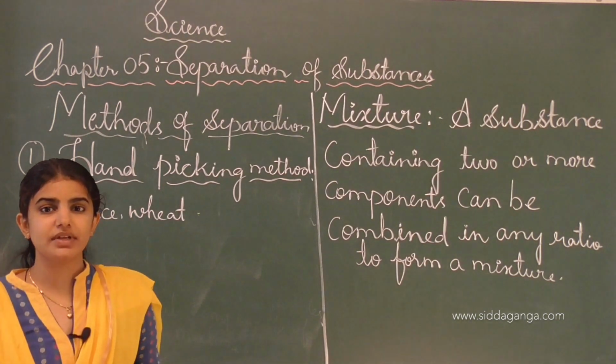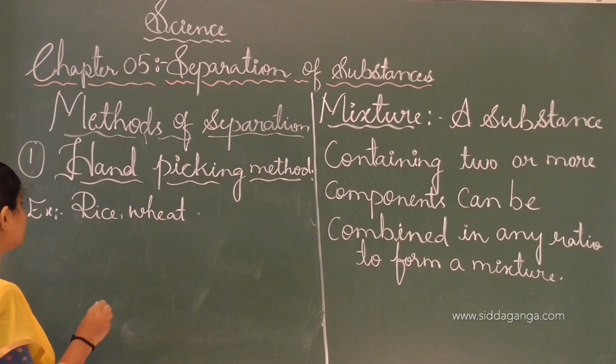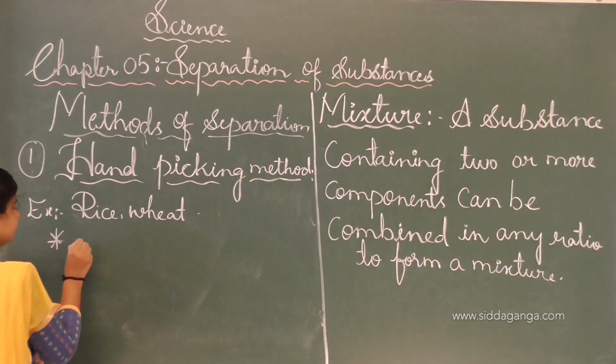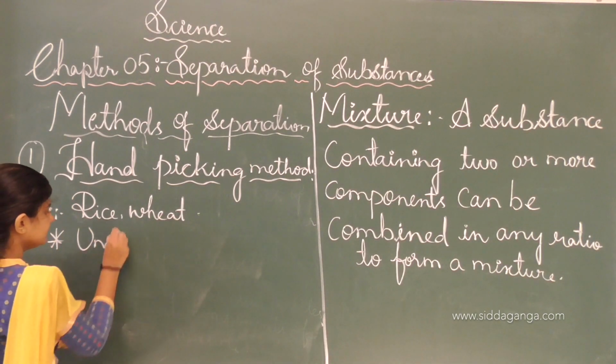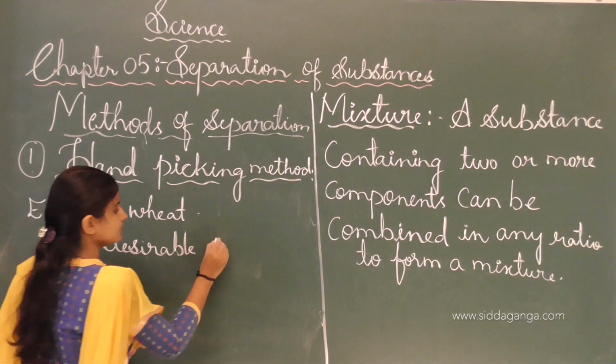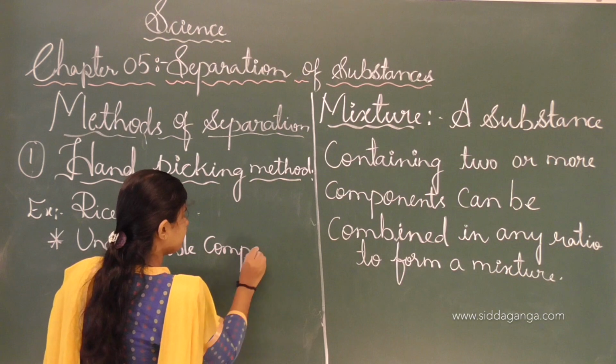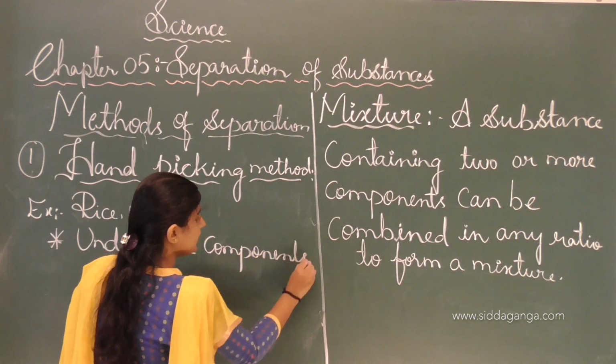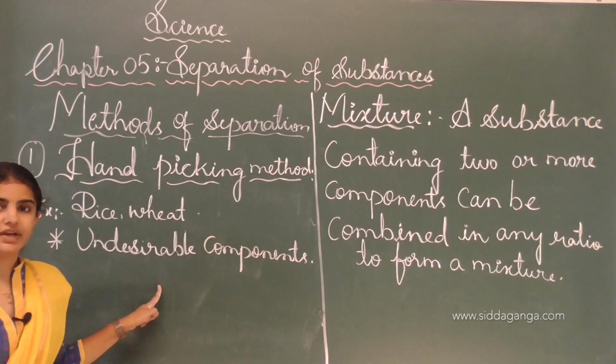The hand picking method is used to remove undesirable components. Undesirable components have to be removed by using the hand picking method.